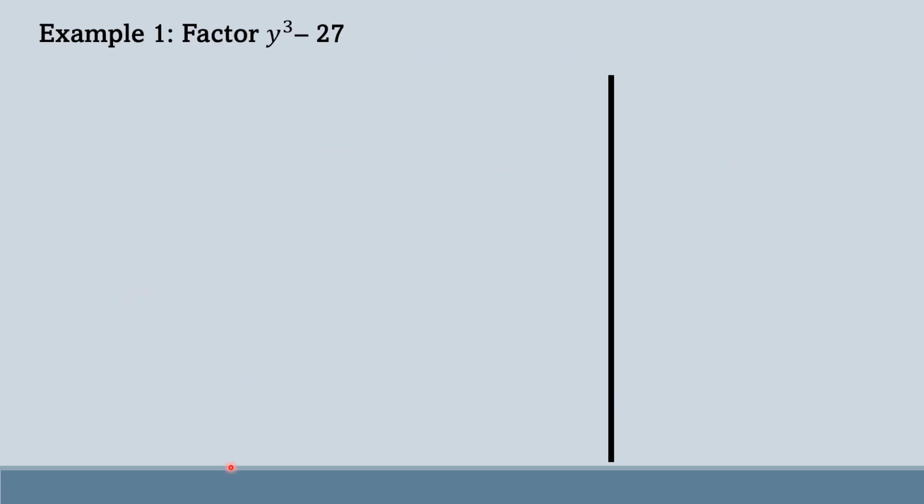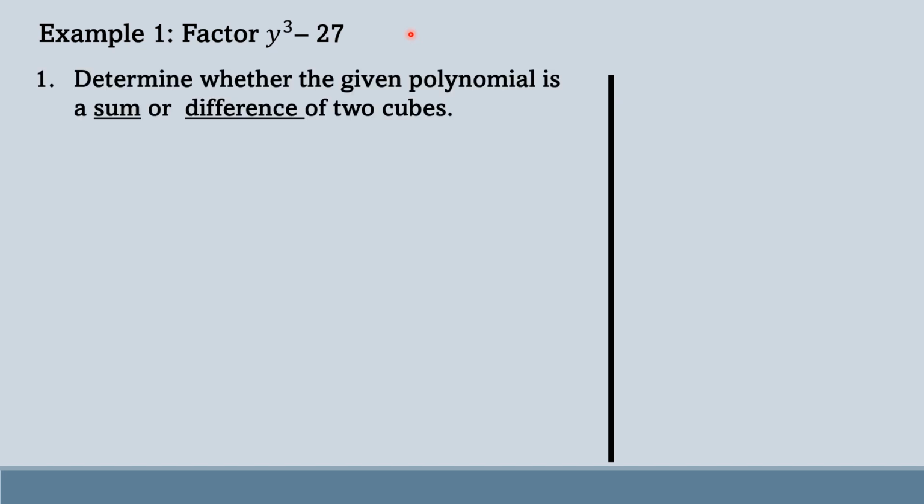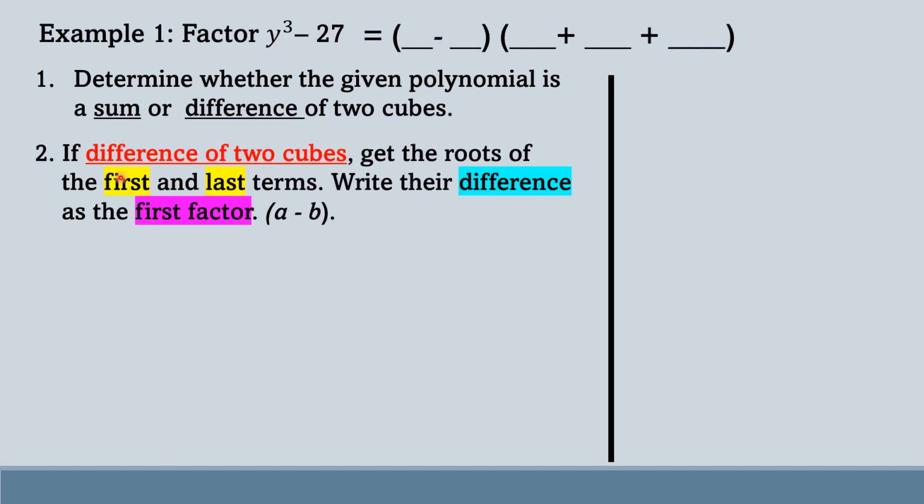Now let us have example number 1. Factor y cubed minus 27. First, we're going to determine whether the given polynomial is a sum or difference of two cubes. Since it is a difference of two cubes, the pattern of its factors will look like this.